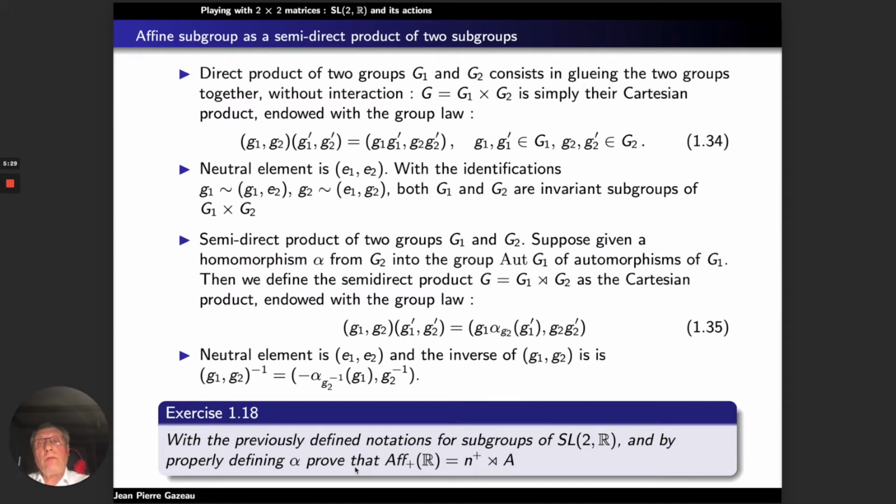Now the affine subgroup is a semi-direct product of two subgroups. So let's consider some definition here. First, a direct product of two groups. What is the meaning of that?